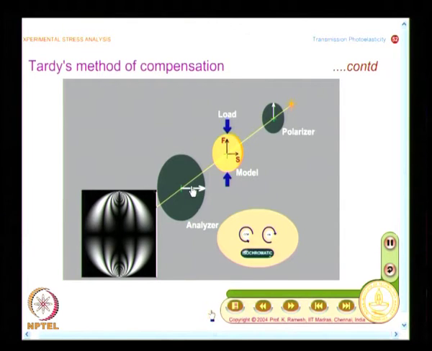In this case, the point is selected as the center of the disc, and the horizontal and vertical axes themselves are principal stress directions. So, I have the polarizer and analyzer coincide with this, and normally we also make a polariscope with polarizer vertical and analyzer horizontal.